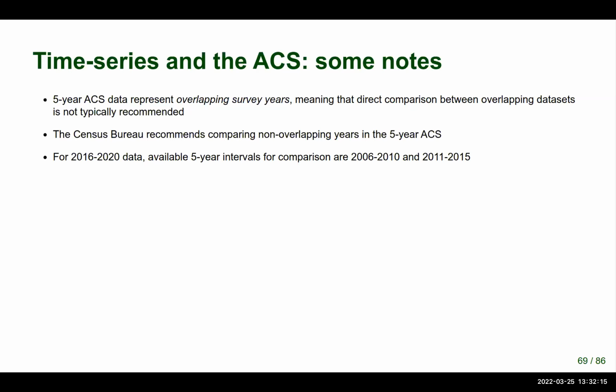So for 2016 to 2020 data, you can compare back to 2011 to 2015 or 2006 to 2010. Those are appropriate samples to compare with. Census doesn't recommend, say, comparing 2013 to 2017 with 2016 to 2020, because both are kind of baking in information from the same ACS data sets.